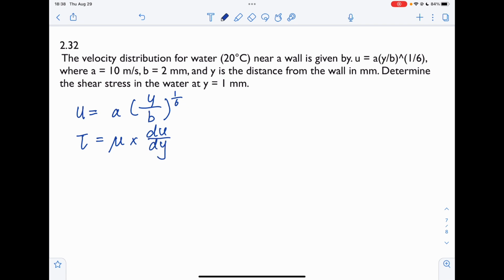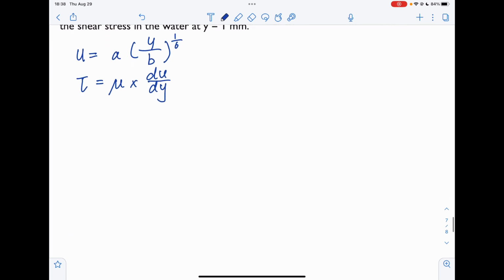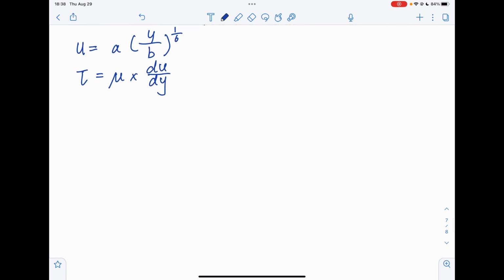So we have the velocity distribution u here, but we don't have du over dy, so we're going to find it by taking the derivative of u.